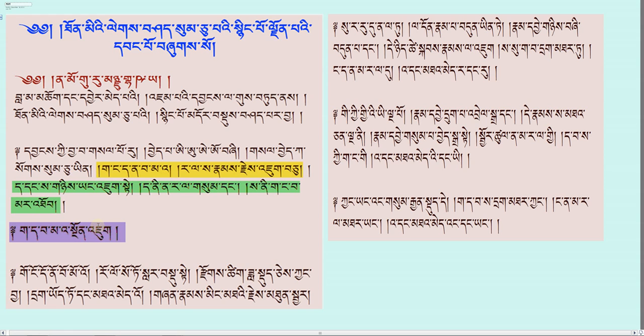If it follows the base letter, the root letter, or the mingshi, then it's called jejuk. Here, je means after. So if it is after the base letter, it's called jejuk. If it is before the base letter, it's called ngunjuk. And anything that follows the suffix letters is called yangjuk, right?